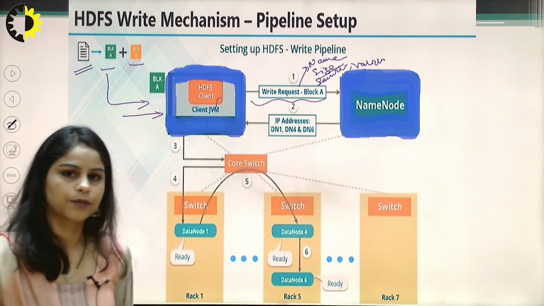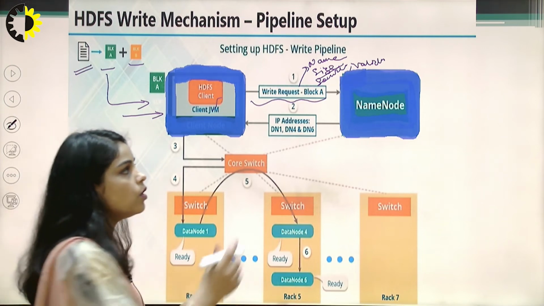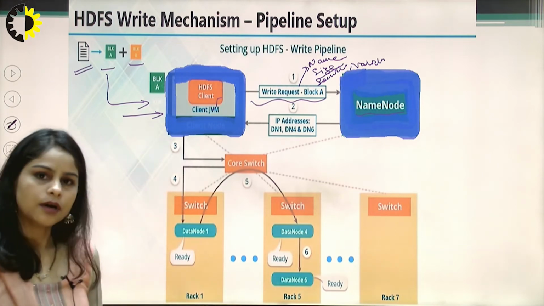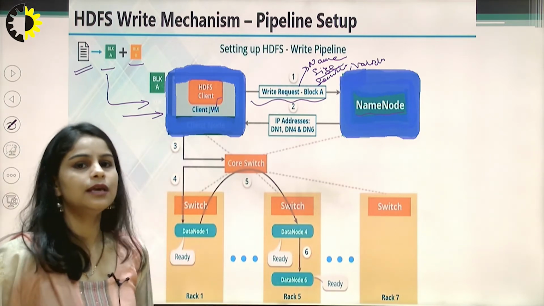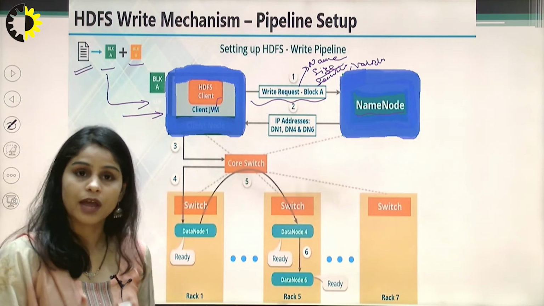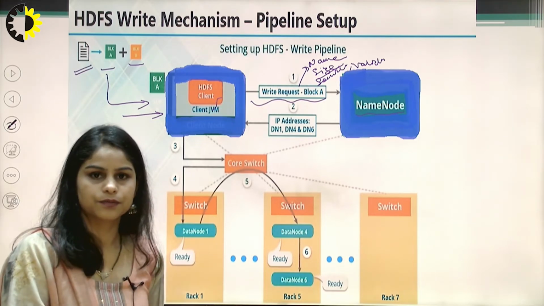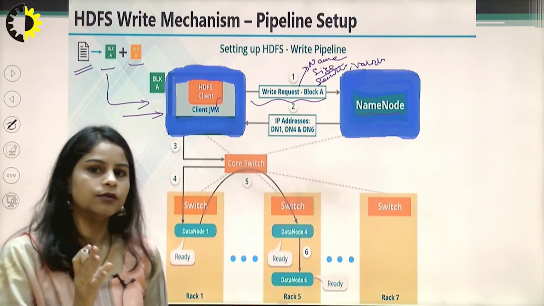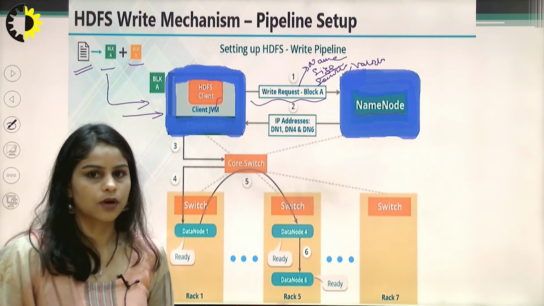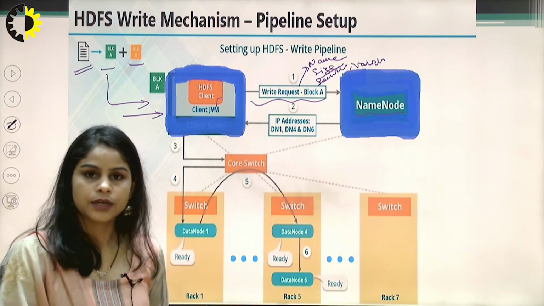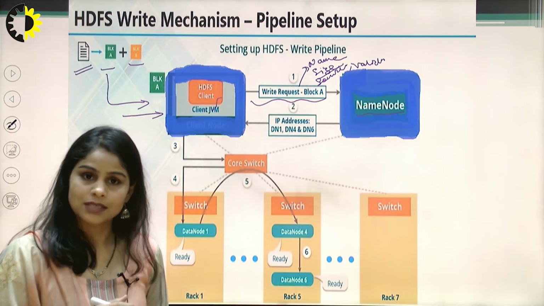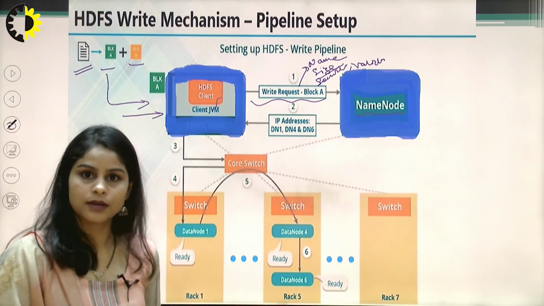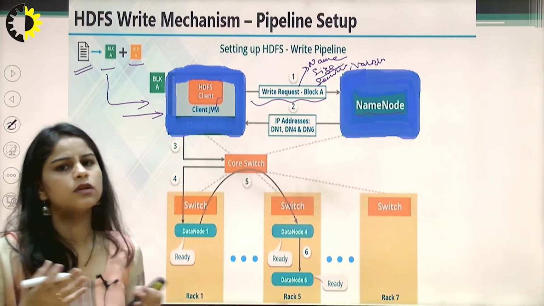So, once the name node gets this request, after identifying, it will return the IP address of the data nodes where we can write the data, right? Now, before sending this IP address, your name node will check the permission, whether you are allowed to write on the data nodes, whether there is space available in the data nodes, how many data nodes are free for the required space, and which data nodes are not working.